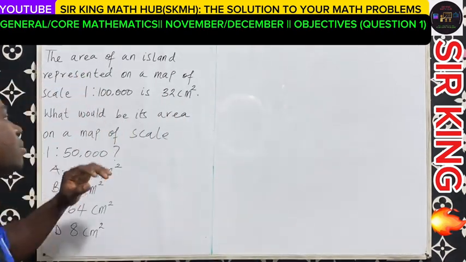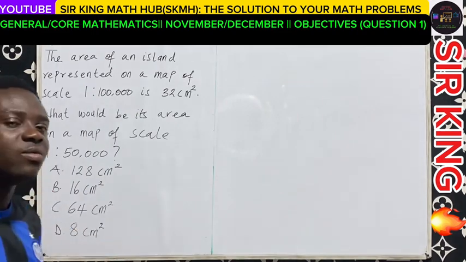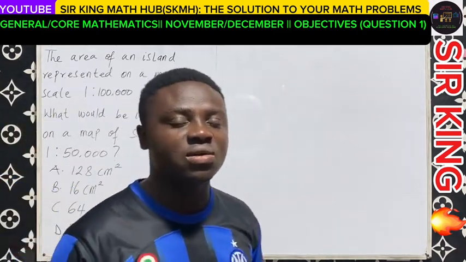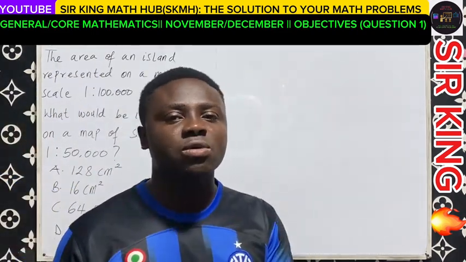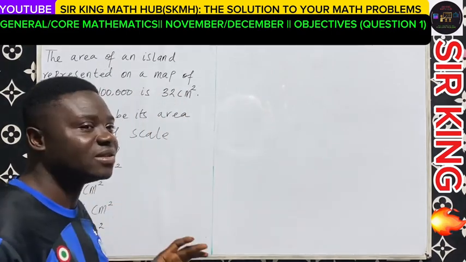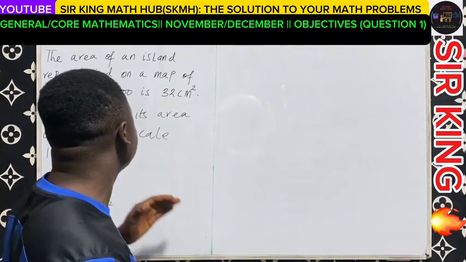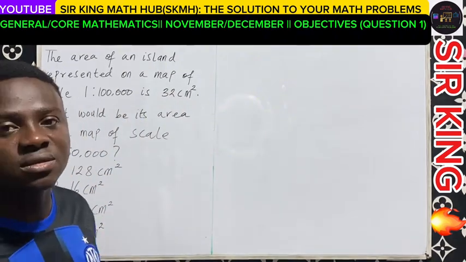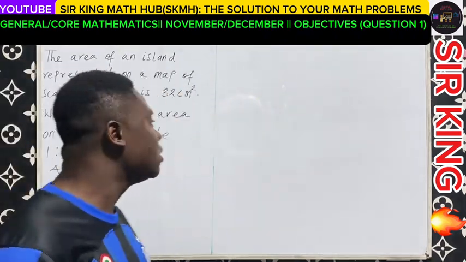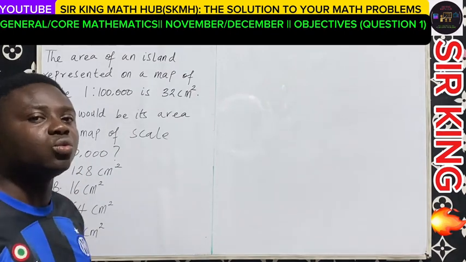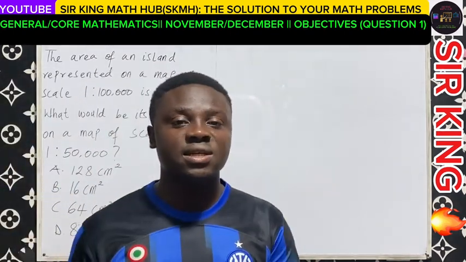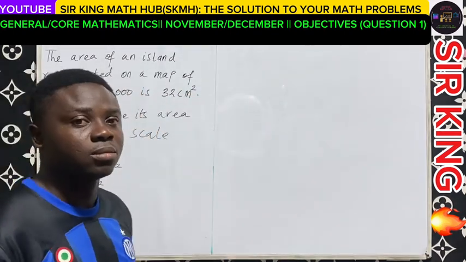That is for the first map. Now for the second map, every 1 centimeter measured on the map corresponds to 50,000 centimeters on the ground. So in terms of details, the second map will show more details than the first map.